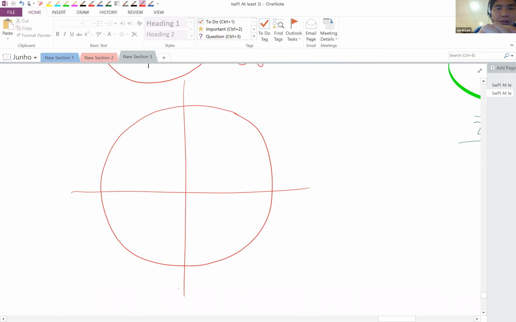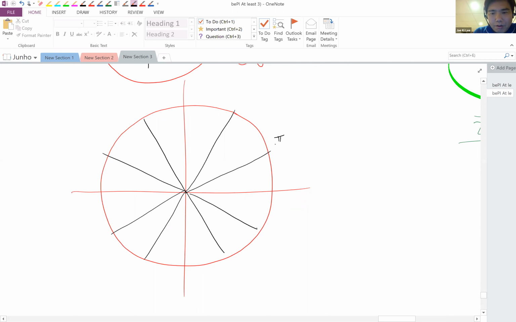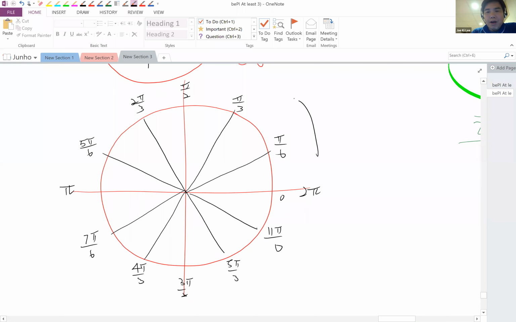This time I'm only using the 30-60-90 one; the 45-45-90 one is also the same concept. So pi over 6, pi over 3, pi over 2, 2 pi over 3, 5 pi over 6, pi, 7 pi over 6, 4 pi over 3, 3 pi over 2, 5 pi over 3, 11 pi over 6, and 2 pi right there. That's basically the positive angle direction.